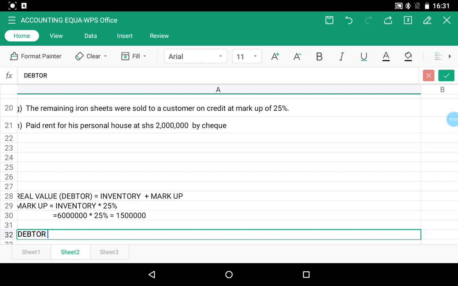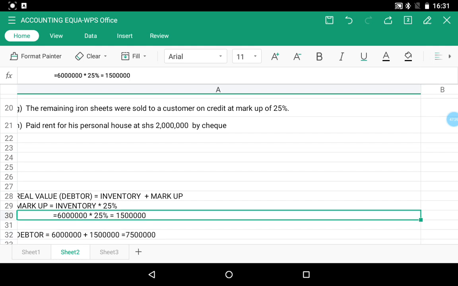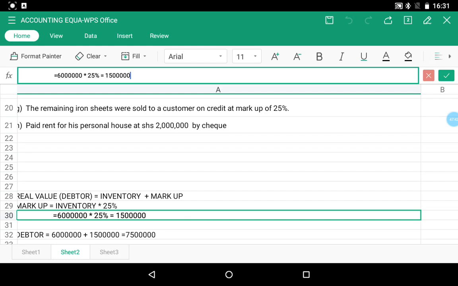Here our debtor, we are demanding 6 million plus 1.5 million, and we shall get 7.5 million. So 7.5 million is the value of the debtor. Then this markup of 1.5 million, we shall record as a profit.